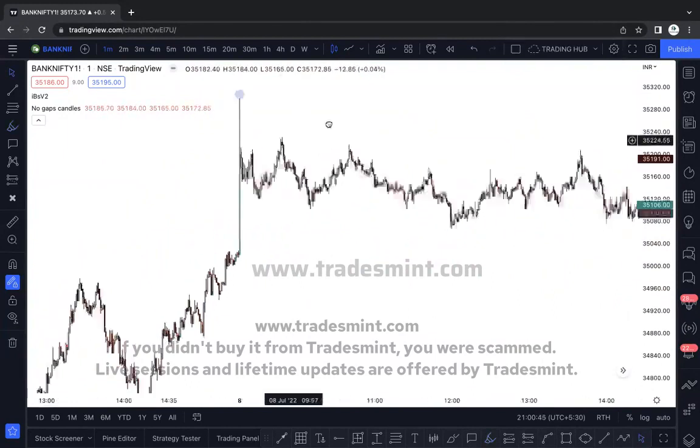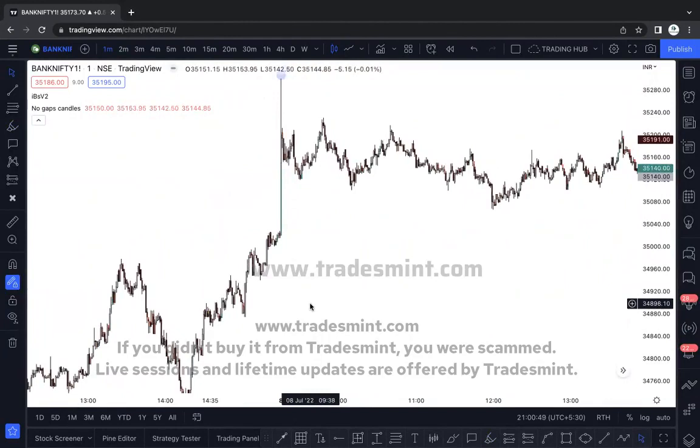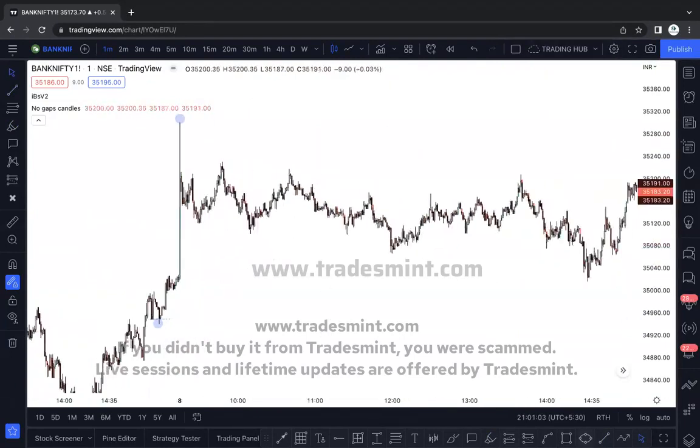Correct. And in this case, where is the low? If you mark only the 1 minute structure, where is the low? Low is here. Why this low? Because this low has taken out the previous recent low, correct? So these lows are confirmed and this is the high here. And if the market is ranging between this high and low, as I told you in the video session, bullish or bearish doesn't matter.